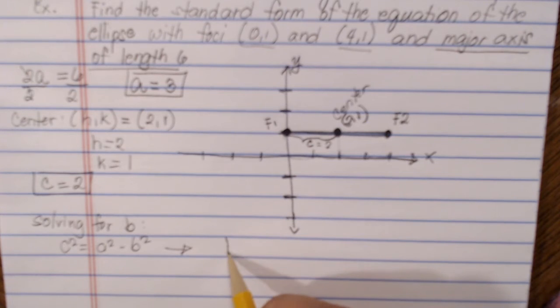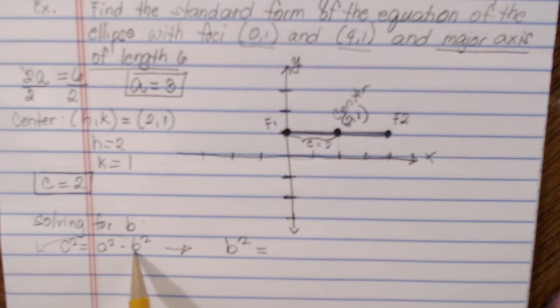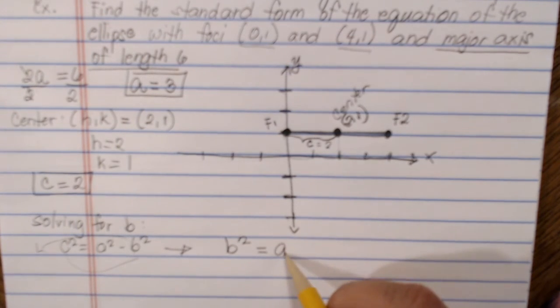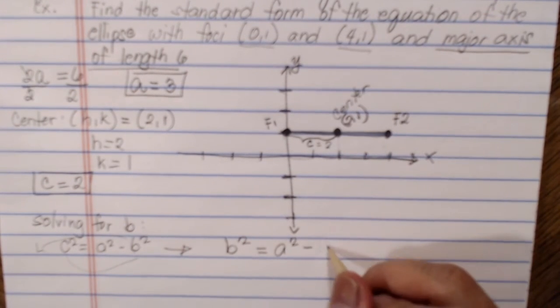I move b squared to the other side, so it becomes positive, and I move c squared to the other side, so b squared equals a squared minus c squared.